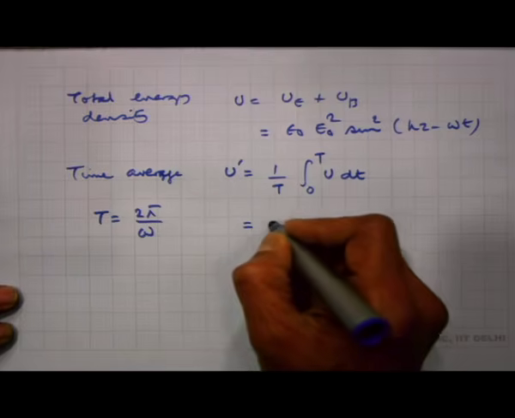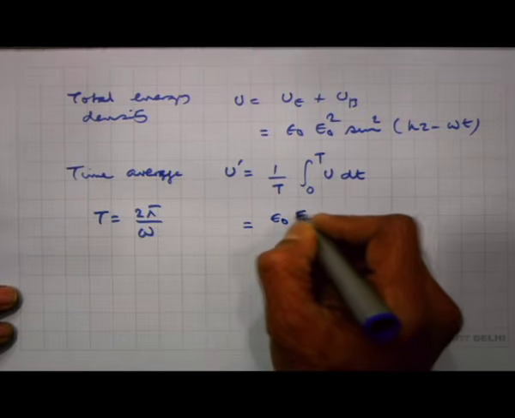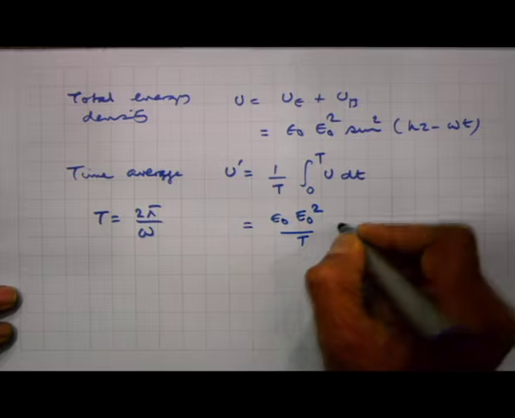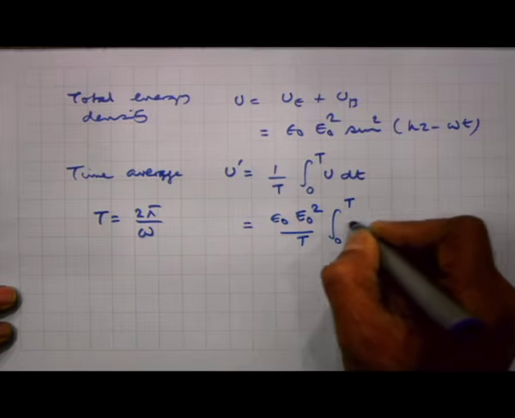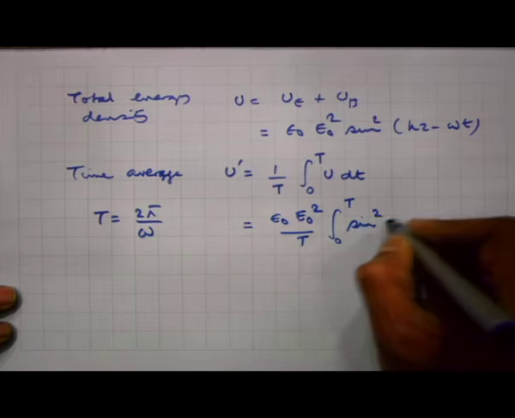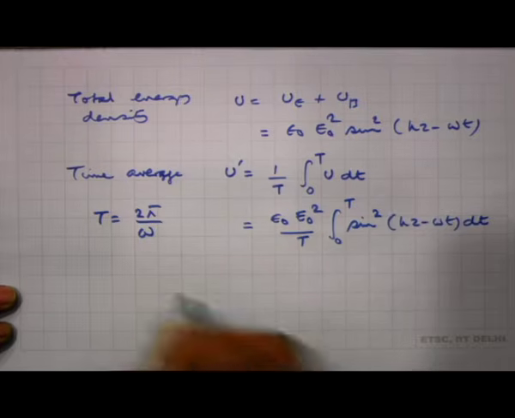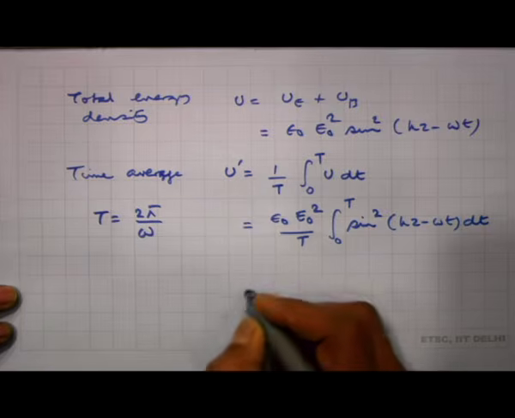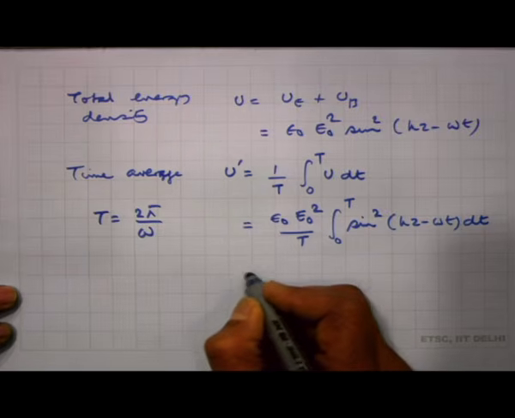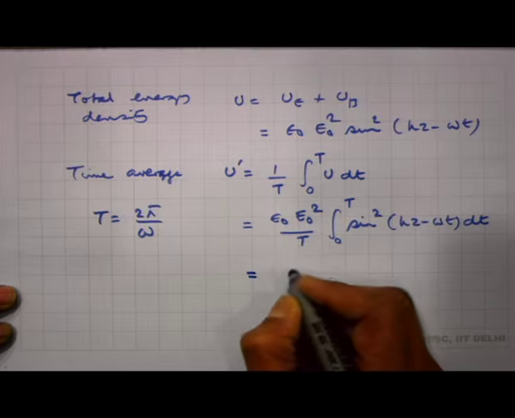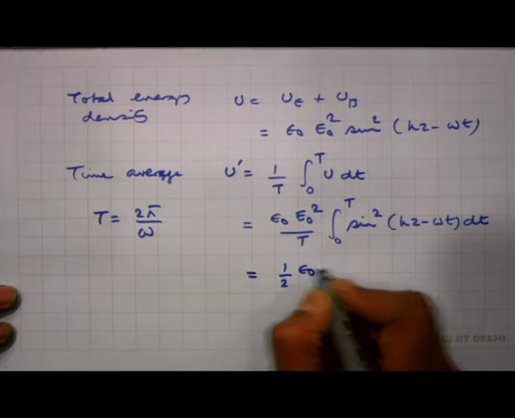So, this is equal to epsilon 0 E naught square by T, integral 0 to T of sin square (k z minus omega t) dt, with T given by 2 pi by omega, and I leave it as a problem for you to show that this is equal to half of epsilon 0 E naught square.